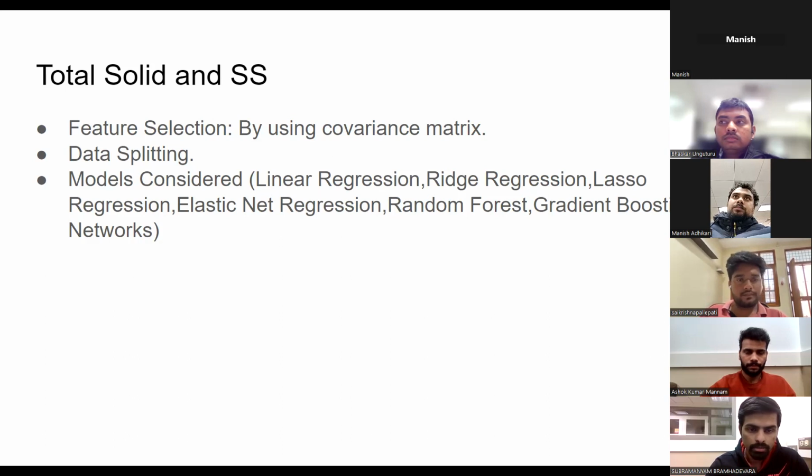So after selecting the best set of features, we use the best set of features as the x variable, that is the feature data, and y, that is total solids. It depends on the target variable. If we are doing it for total solids, total solids will be the target variable. Then we consider different models, and each model is suggested by my team members. I have suggested linear regression.